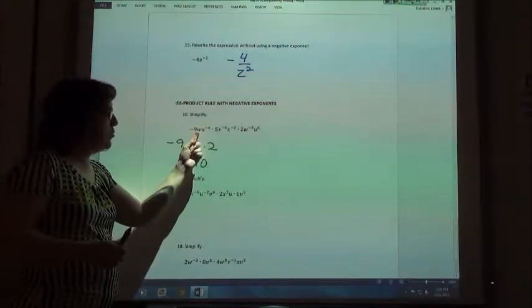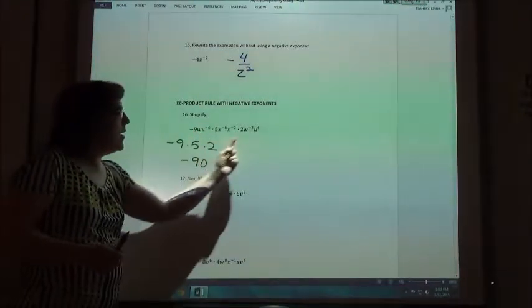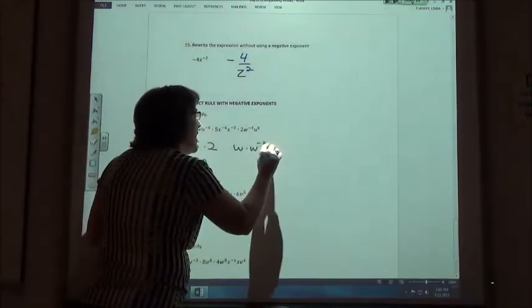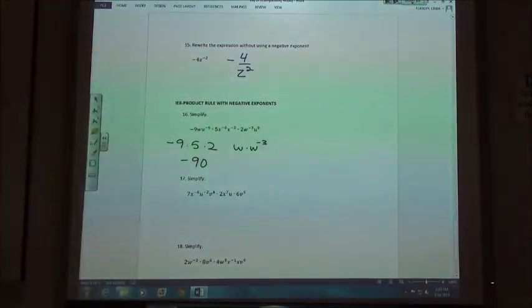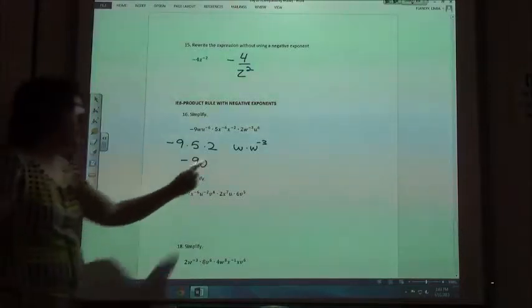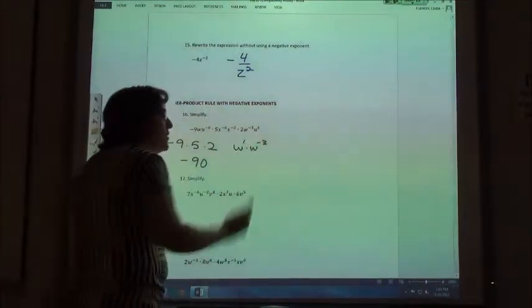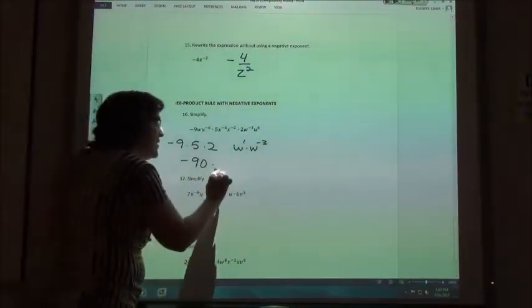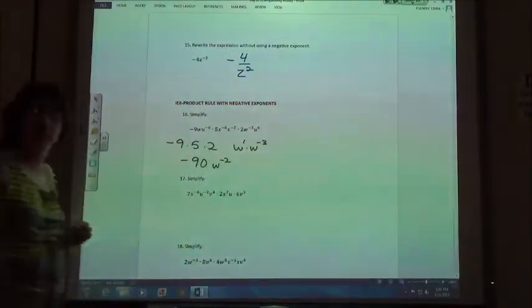I have a w, that's just a plain w, and I have a w to the -3rd. W times w to the -3rd. We said on the previous page, when we multiply, we have to add our exponents together. W is w to the first power. 1 minus 3 then would give us w to the -2 power.